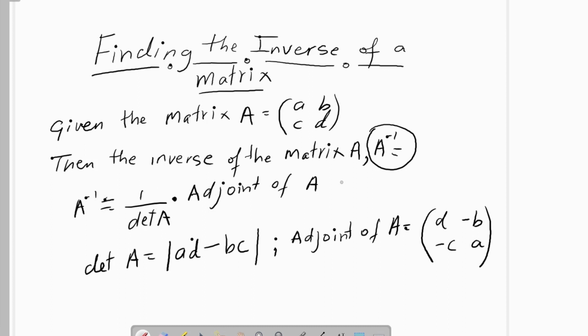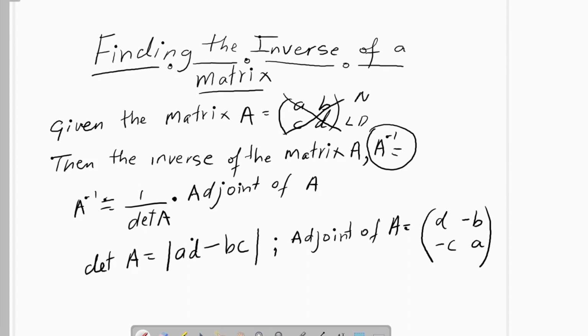Now, the inverse of A is equal to 1 divided by the determinant of A times the adjoint of A. How do we go about finding the determinant of A? The determinant of A is the product of the leading diagonal, which I'll write as LD, minus the product of the non-leading diagonal.